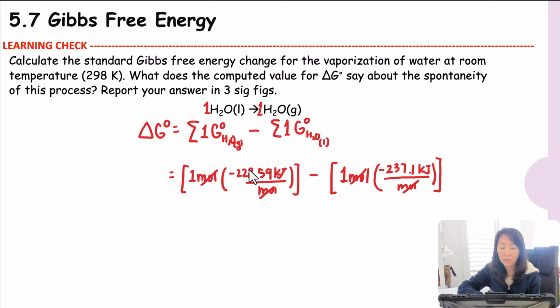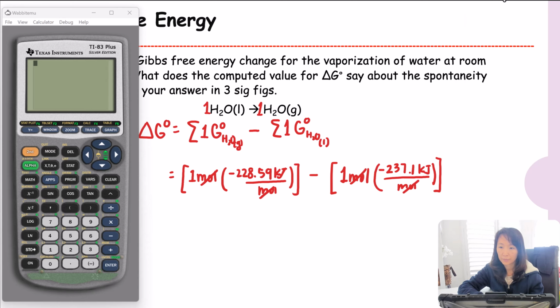Okay, so let's go ahead and calculate this out. It's basically negative 228.59 minus the negative 237.1.